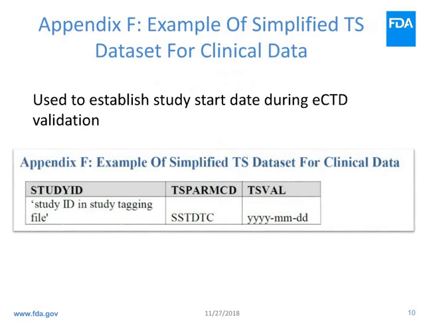Appendix F, we have an example of a simplified trial summary data set for clinical data. This is that one-line trial data set that is used to establish a study start date. It's 3 variables, and here's the specific values to populate those variables, and here's an example for industry you can simply cut and paste and use in your data preparations.